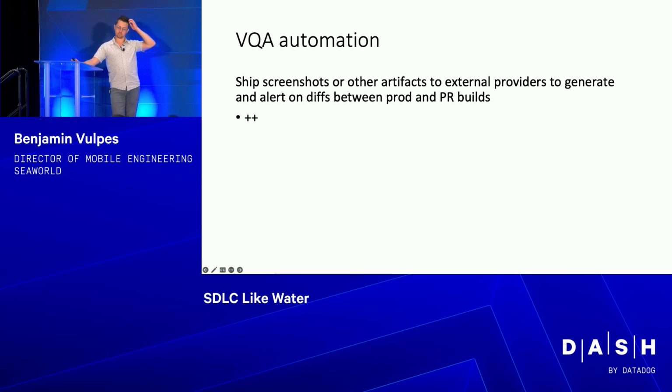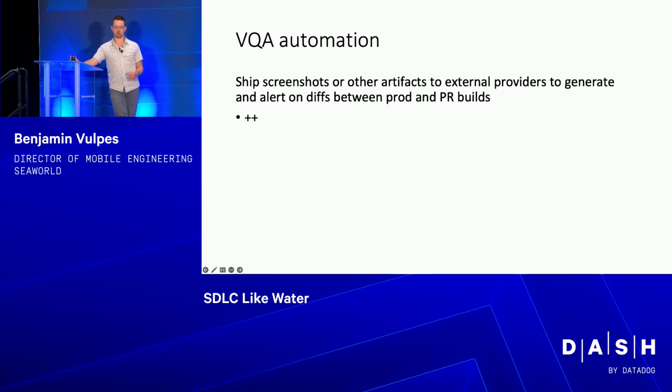VQA automation. This one is still very much an experiment in flight, but we're looking at various providers that we can ship screenshots or other artifacts to so that they can run tests on them and tell us when things change. We're a very content-heavy build, and we change all the time. And the company is 60 years old with 30-year-old software still in service.